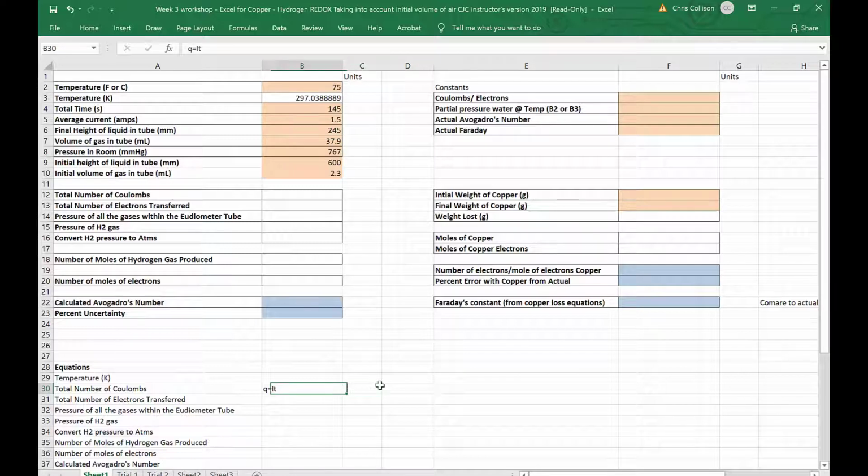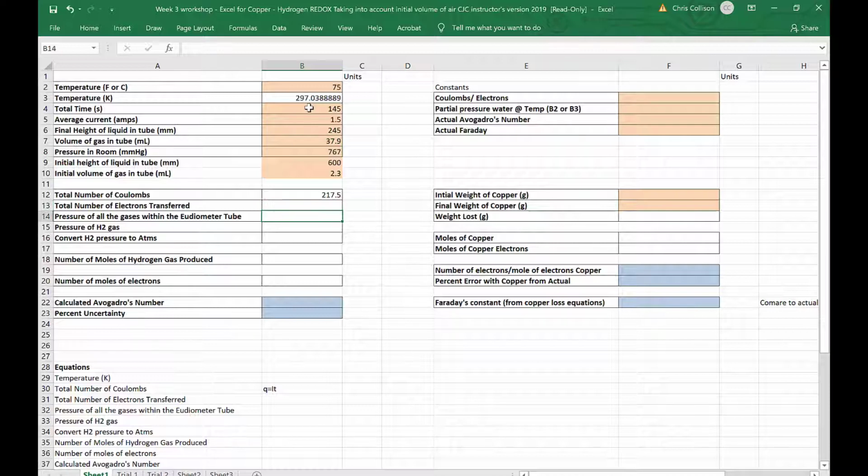And that's going to help us because up here the total number of coulombs, that's the charge, is going to be equal to the current in amps that we find in cell B5, and we're going to multiply that by the time in seconds that we pass that current through the system. So there is a total number of coulombs, it's 217.5.